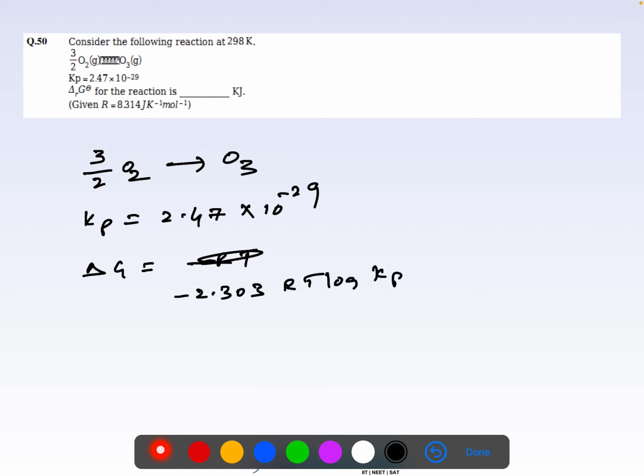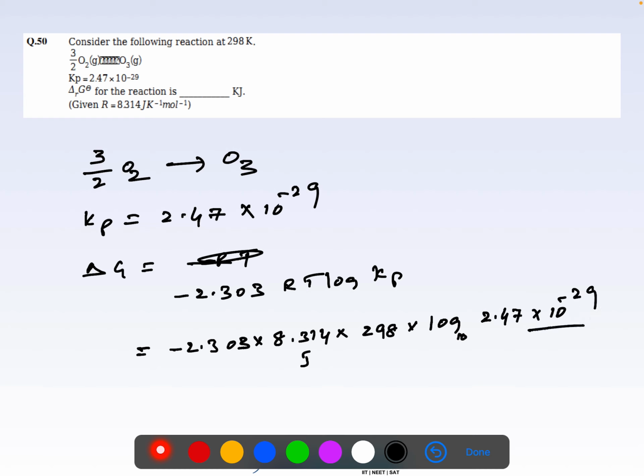So we can substitute minus 2.303 into 8.314 joules into temperature 298 Kelvin into log base 10 of 2.47 into 10 to the power minus 29.